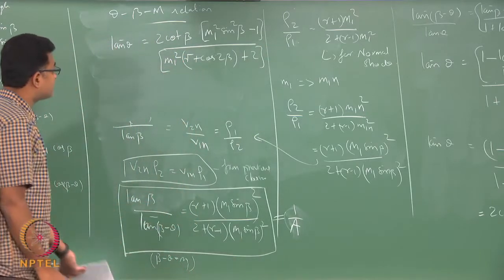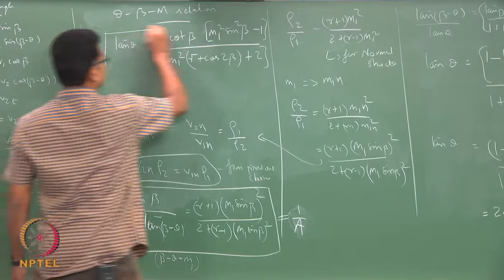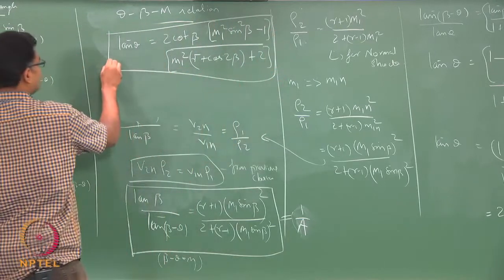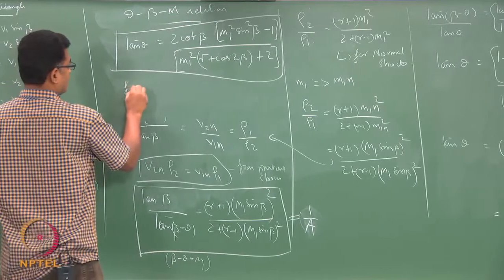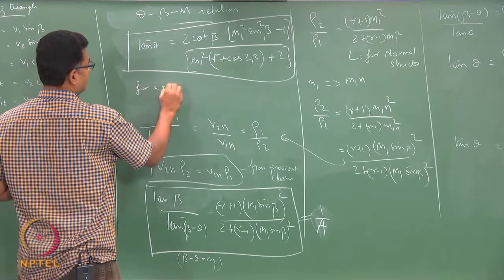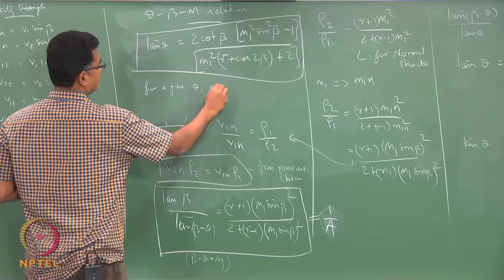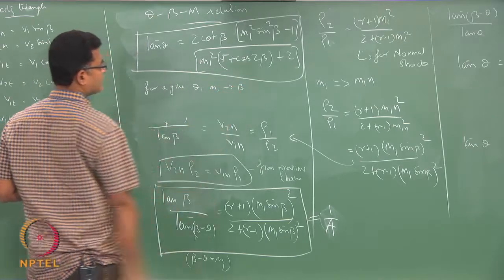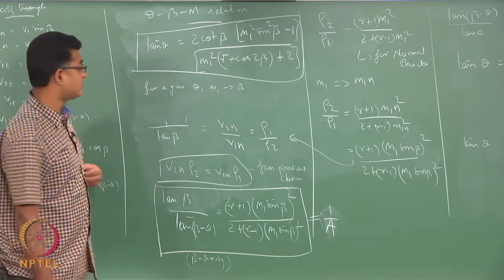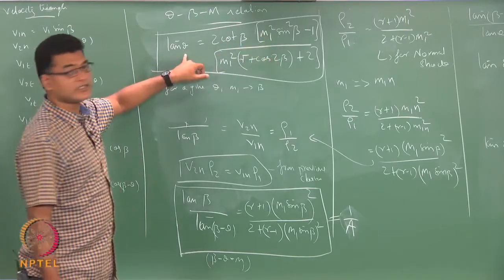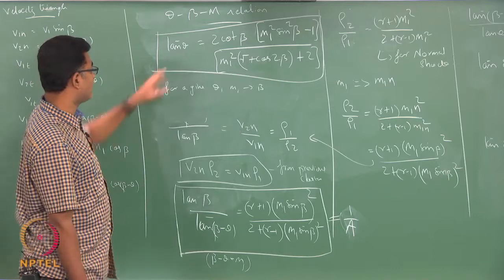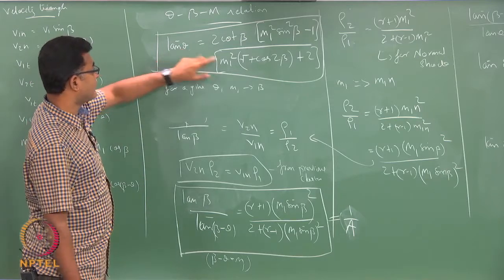So, this is our so called theta beta relation. Okay. For a given theta and m, find your beta is the problem. So, if I know my beta and m1, I can get a theta, or if I know my theta and m, I can get a beta.